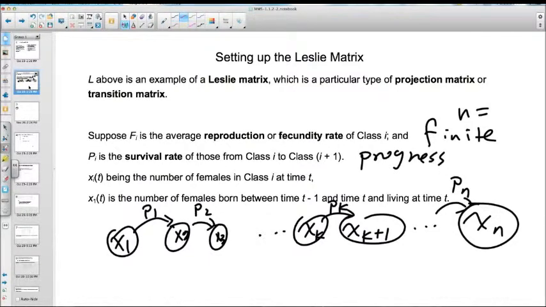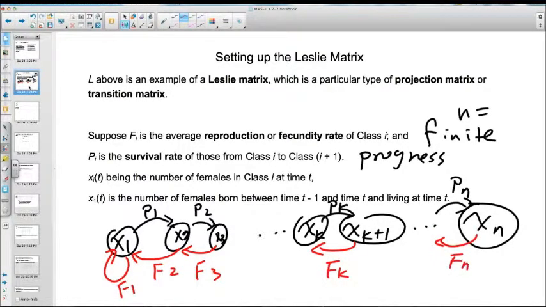Then, of course, you have a new population born. This, you call it F2. But how about if the new baby also has babies? Well, that's possible. You can call it F1. And then have F3, Fk, and the last one is Fn.